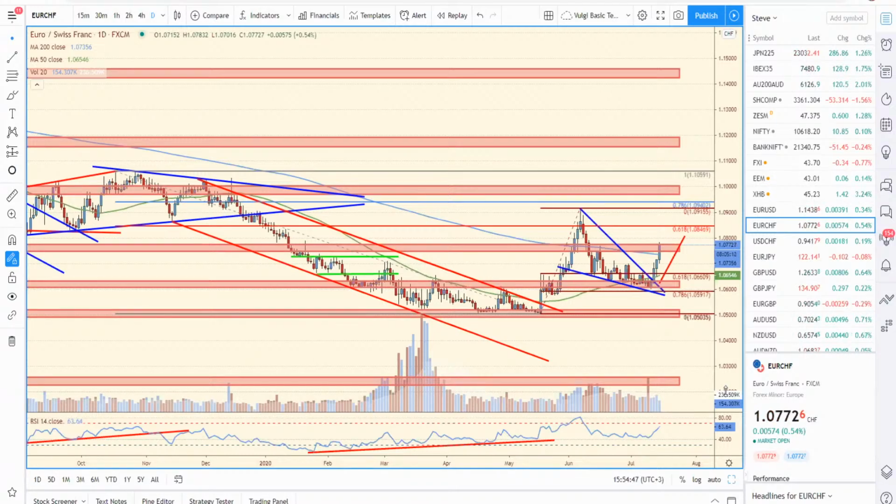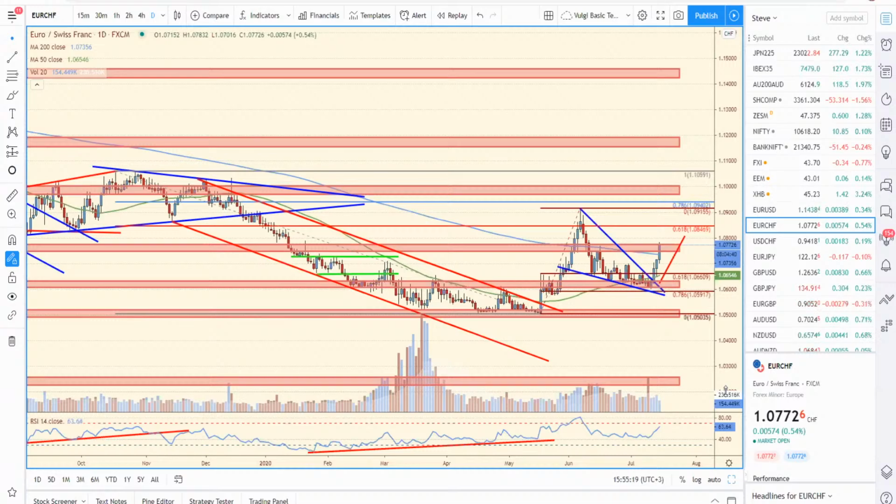So something had to give. Either Euro Swiss breaking higher would need to reverse lower and prove that it was some type of false move, or the reversal lower in stocks would have to prove to be a false move. So far, the latter seems to be the case. The reversal lower in stocks seems to have been the false move. Euro Swiss is doing perfectly fine for the time being.